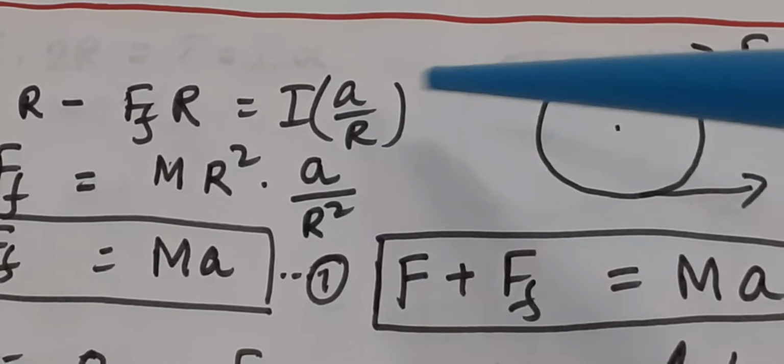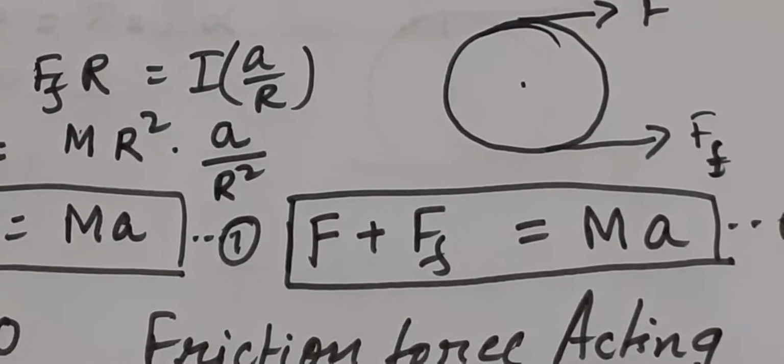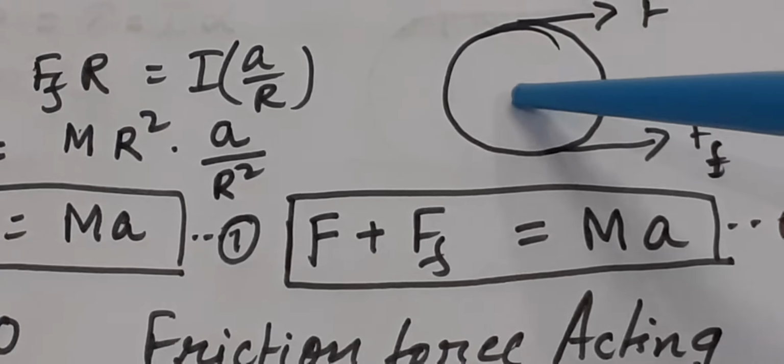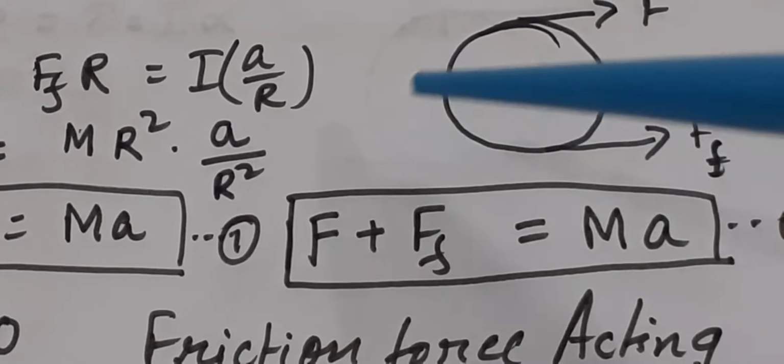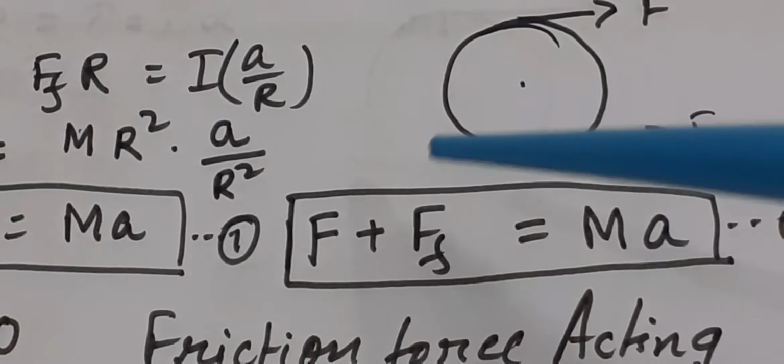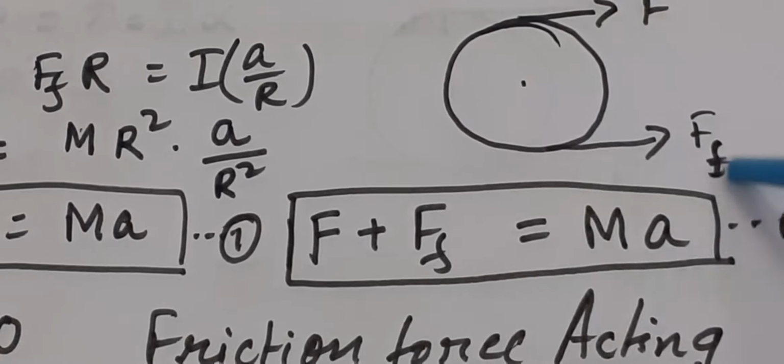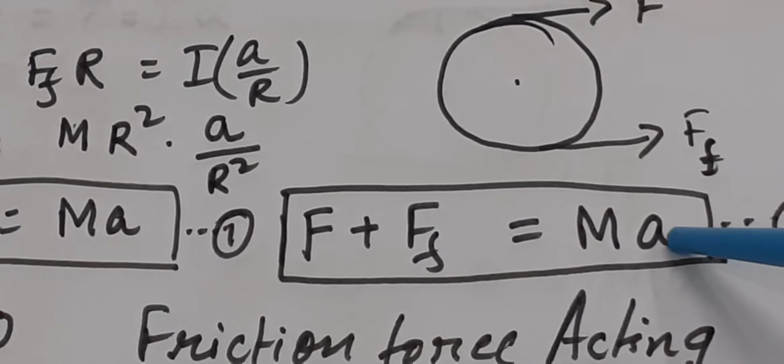Now as it is moving in this direction towards the right side, the center of mass acceleration will be how much? Now total force experienced on the ring is F plus F suffix F, that is equal to mass into acceleration.